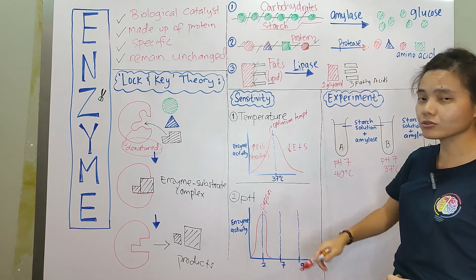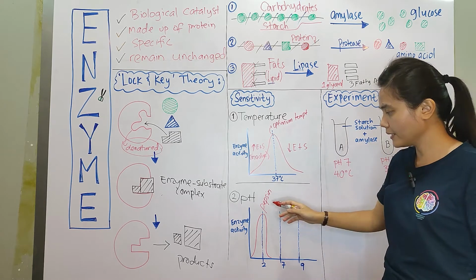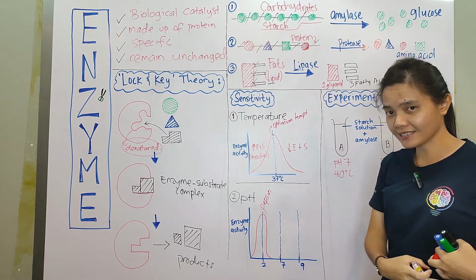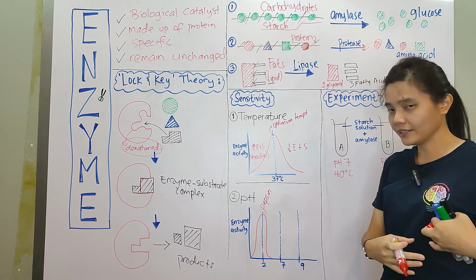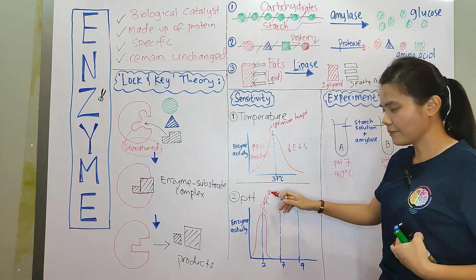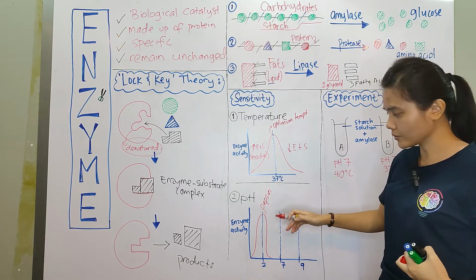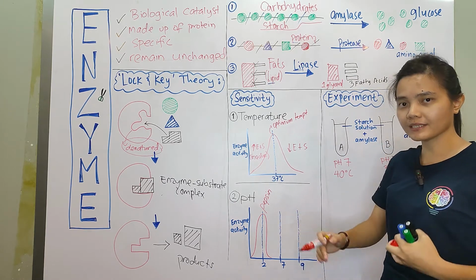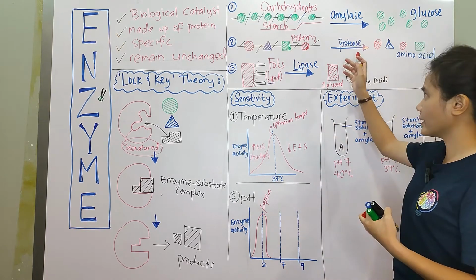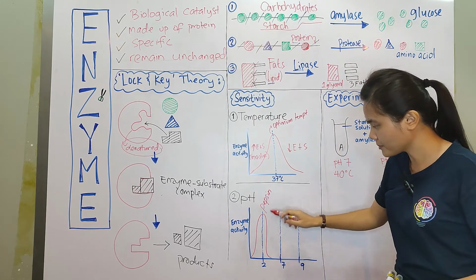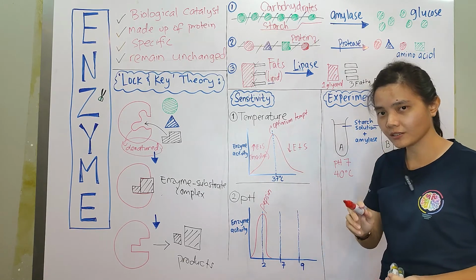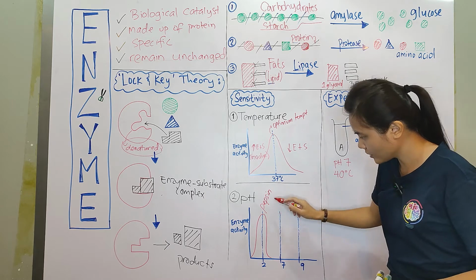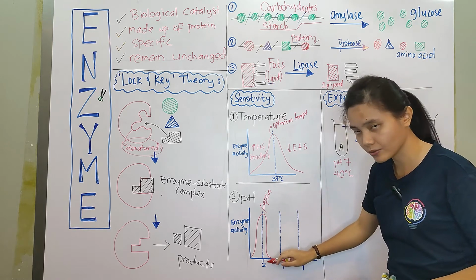Pepsin also breaks down protein, but because it works in acidic condition in the stomach, they give it a name so they don't get confused. So pepsin works at pH 2, but pepsin breaks down protein, same as protease. So pepsin breaks down protein into amino acid. So it works well at pH 2.